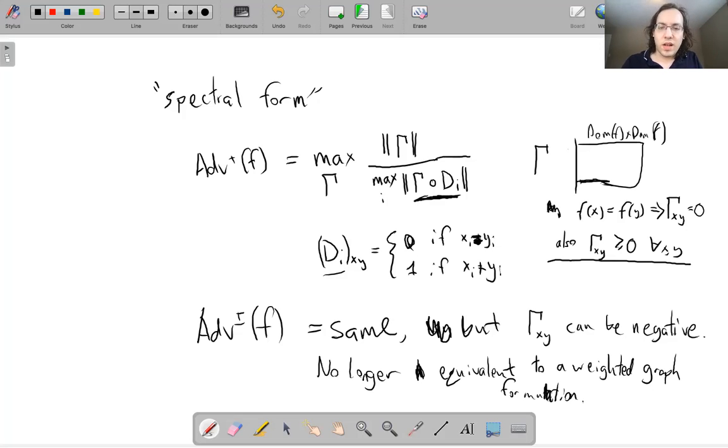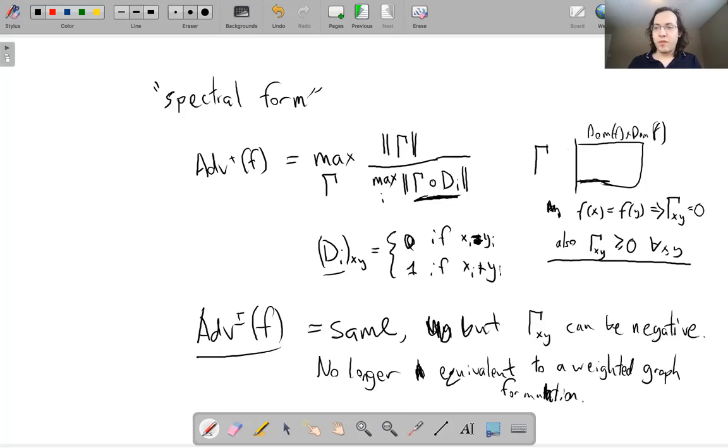I've said before that it's not trivial to see why this spectral norm situation is the same as that square root of products of left degree and right degree. It's non-trivial to prove that it's the same. If the weights are negative, though, it's just not the same. So if the weights are negative, the right way to define this measure is using the spectral norm definition, not using the weighted graph.